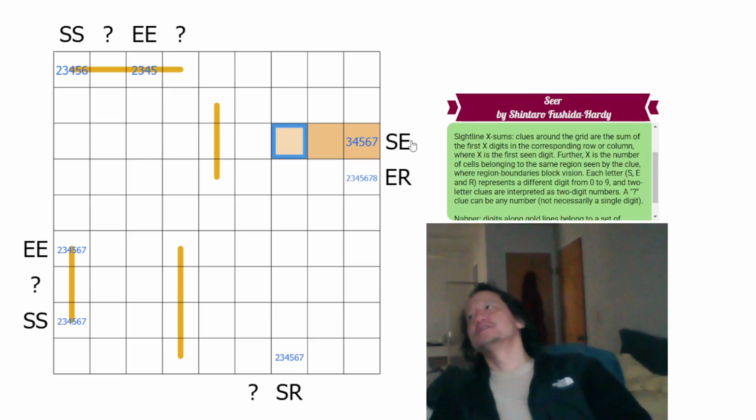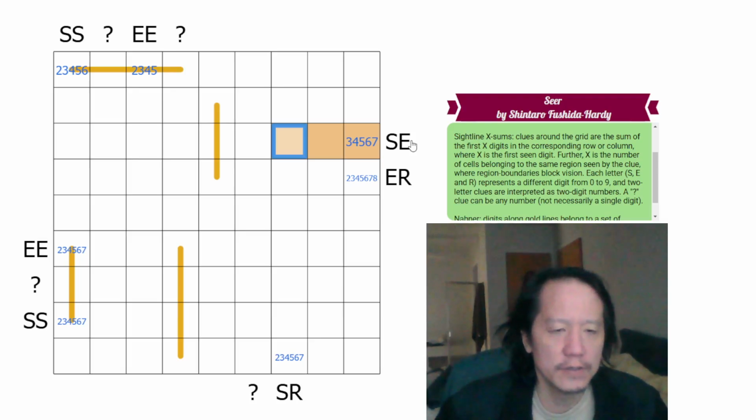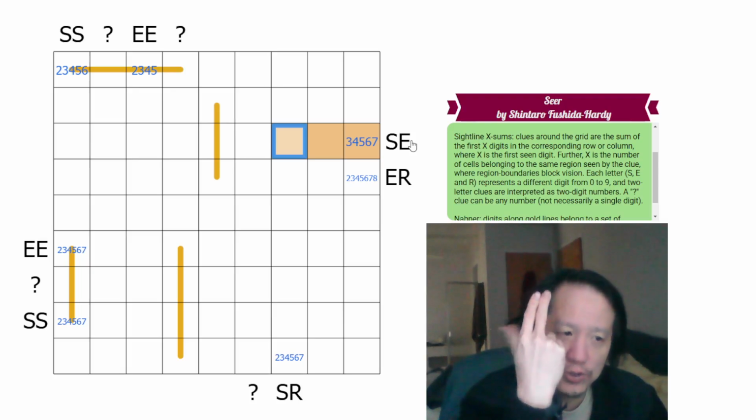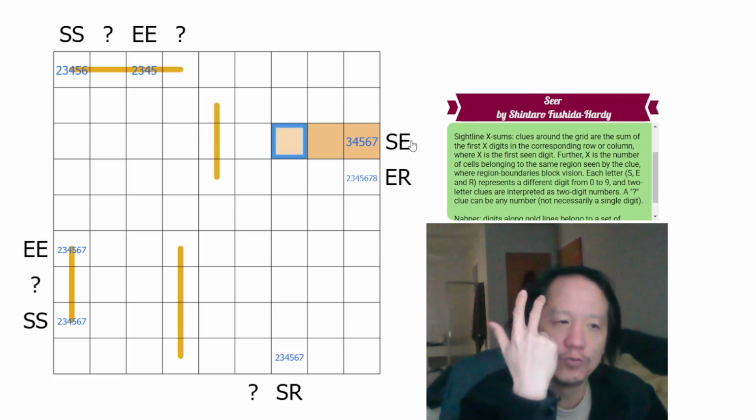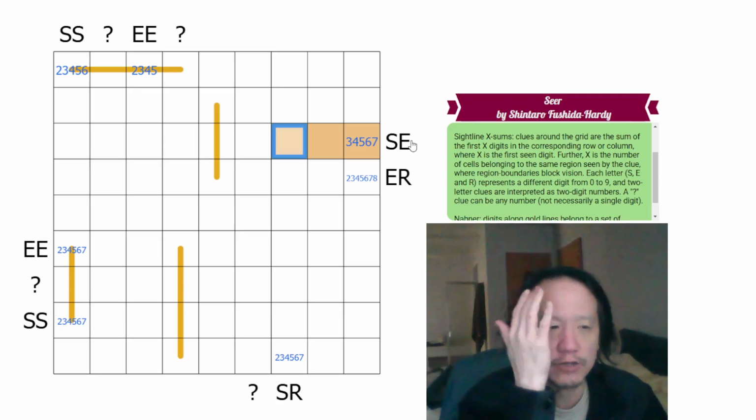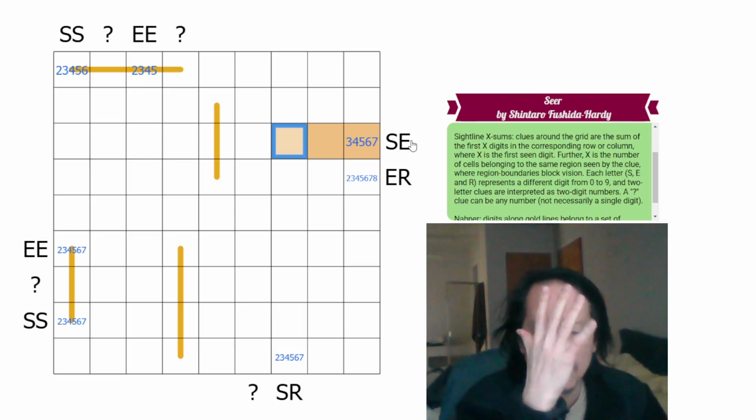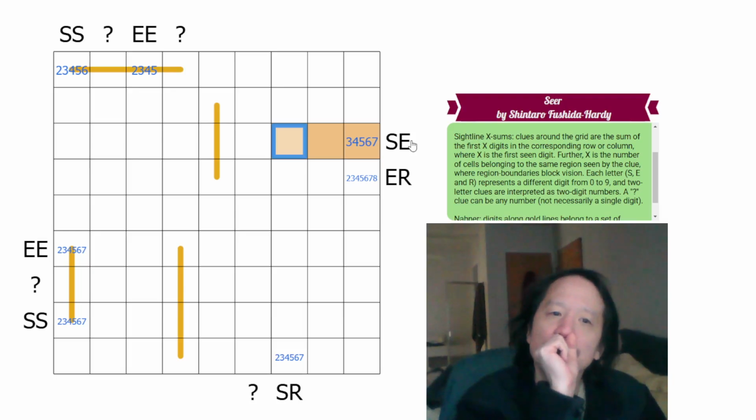So say SS was 22 then. If SS is 22, it cannot be 2 or 3 adding up to that because 2 digits can't add up to 22. 3 digits can't add up to 22 with a 3 in one of those 3 digits. So it would have to be 4 or 5, and it could not be 6.